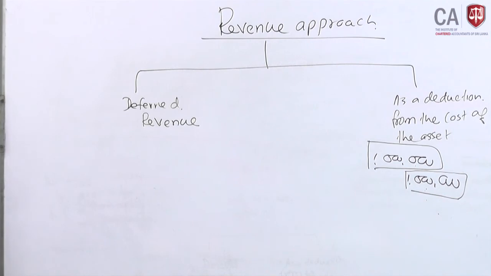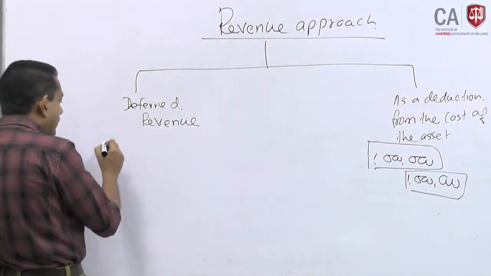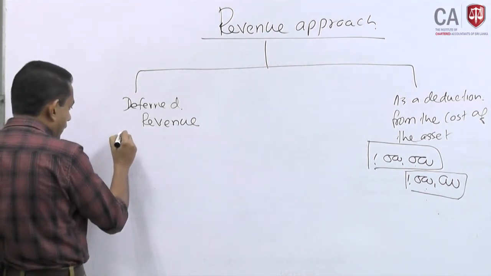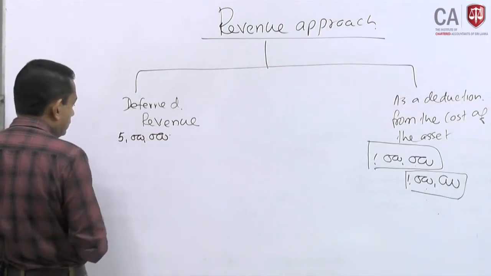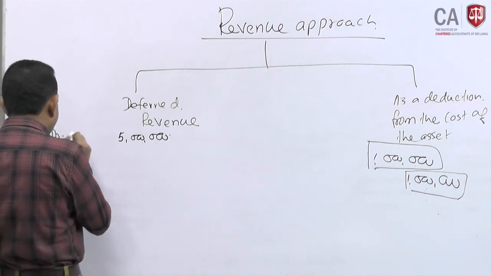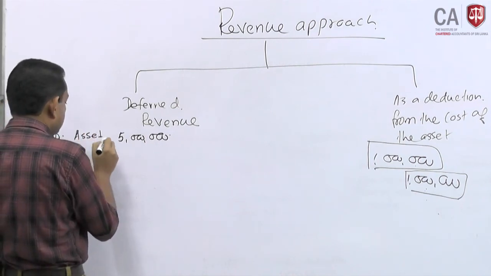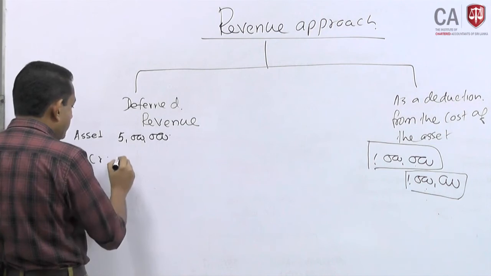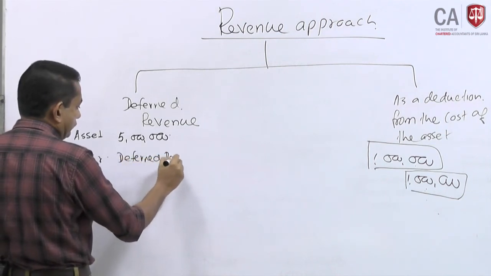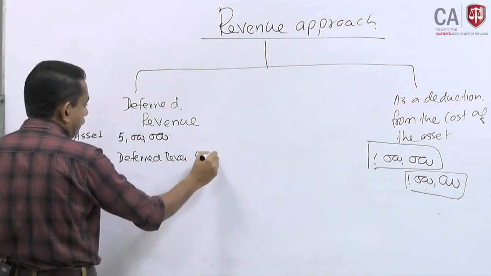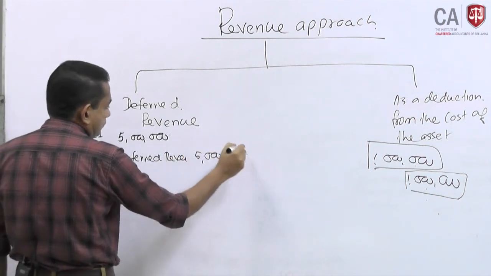Deferred revenue. Say you buy an asset at 5 million rupees. So, you debit the asset account by 5 million and you credit deferred revenue. Deferred revenue is 5 million rupees.